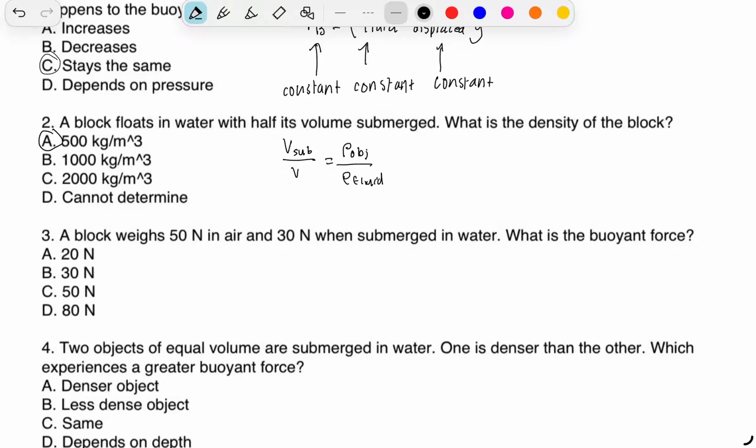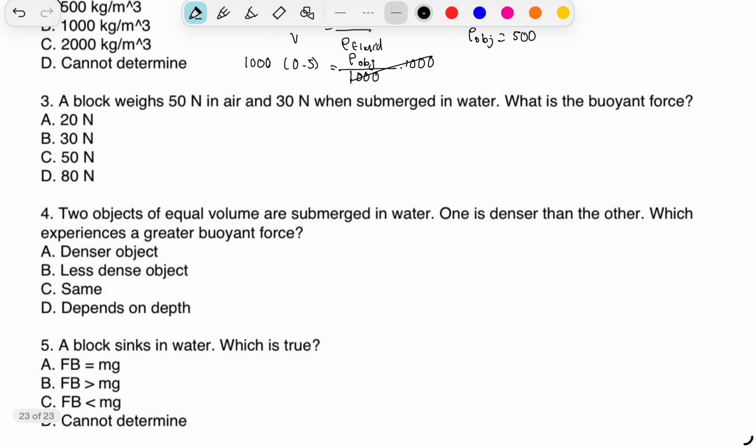We know that this ratio is going to be 0.5, and we can write 1,000 for the density of our fluid, which is water, and that over the object density. If we multiply both sides by 1,000, you get that the density of your object is equal to 500. So that's how you get A.